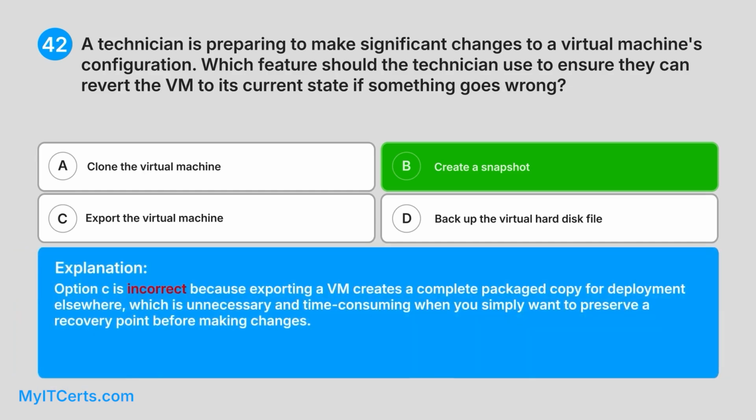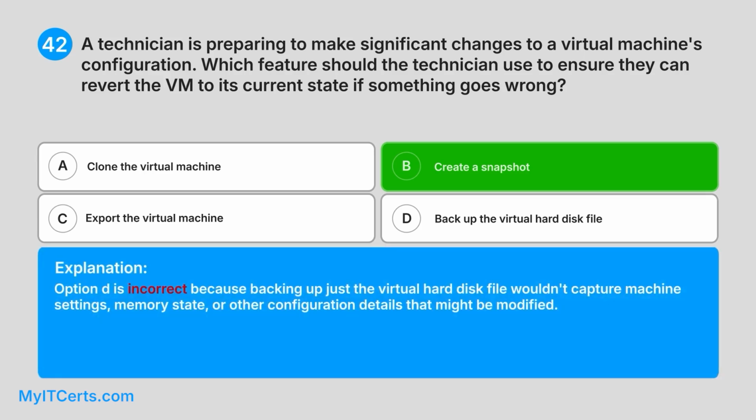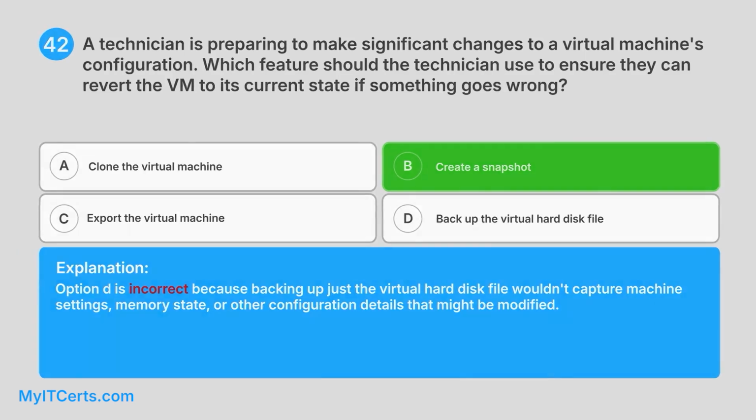Option C, export the virtual machine, is incorrect because exporting a VM creates a complete packaged copy for deployment elsewhere, which is unnecessary and time-consuming when you simply want to preserve a recovery point before making changes. Option D, back up the virtual hard disk file, is incorrect because backing up just the virtual hard disk file wouldn't capture machine settings, memory state, or other configuration details that might be modified.